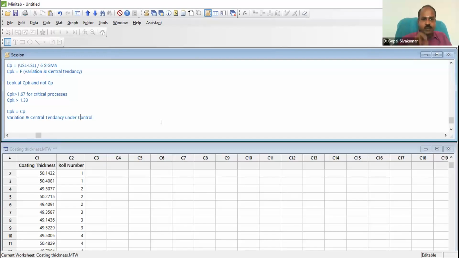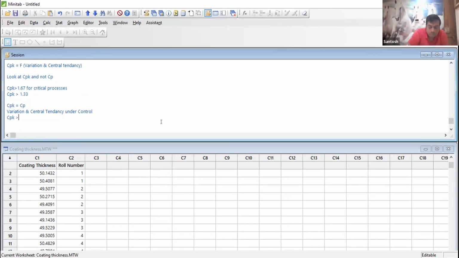When CPK equals CP, variation is under control and central tendency is also under control. When CPK is more than 1.67, it is not only under control, it is also capable.